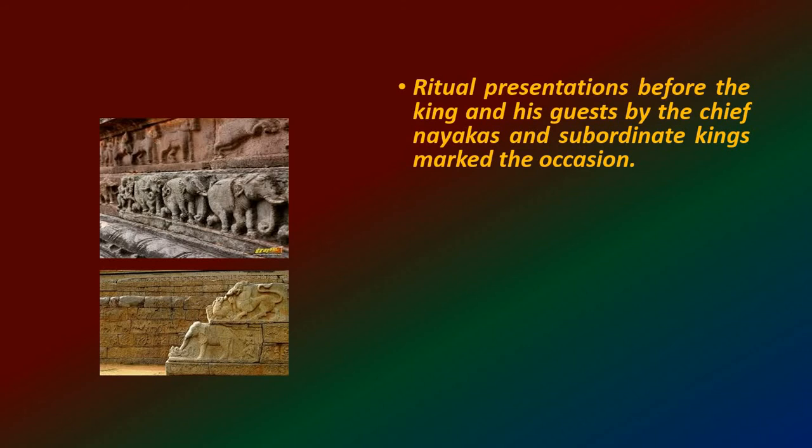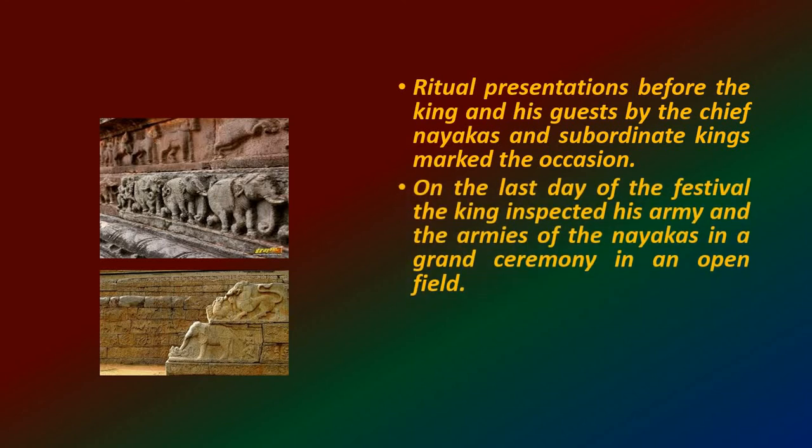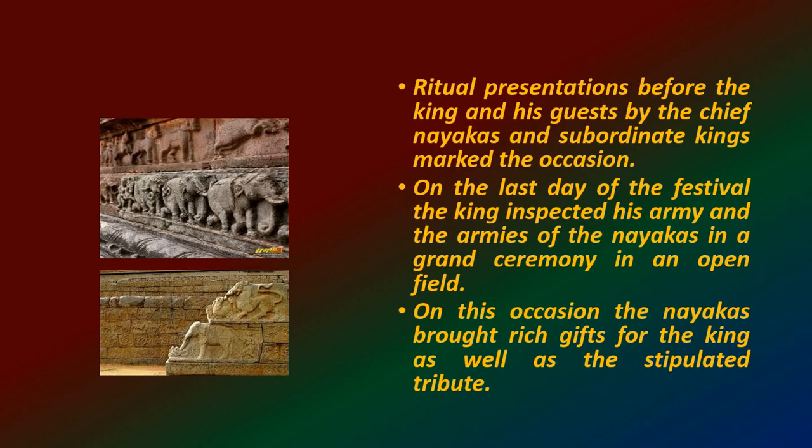Ritual presentations before the king and his guests by the chief nayakas and subordinate kings mark the occasion. On the last day of the festival, the king inspected his army and the armies of the Nayakas in a ground ceremony in an open field. On this occasion, the Nayakas brought rich gifts for the king as well as the stipulated tribute.